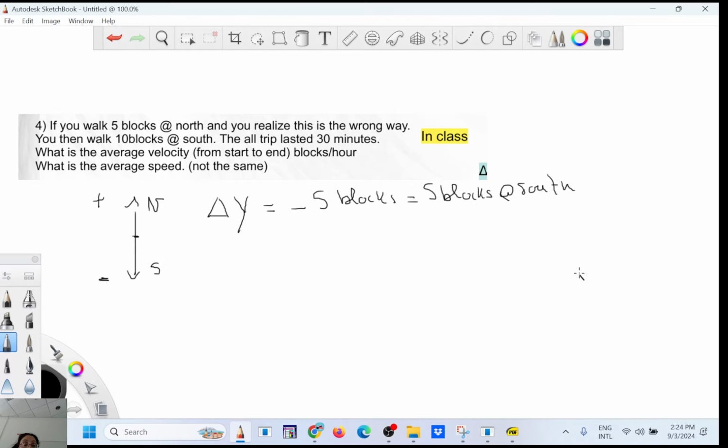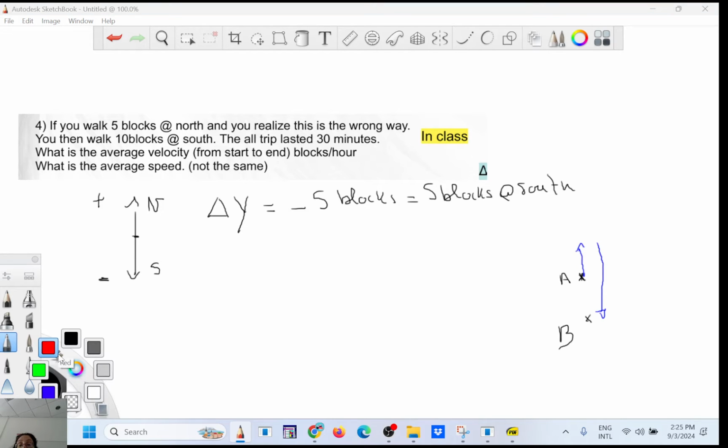Now, if you want to understand, you start from point A. And then you go up by 5. Okay, you go up by 5. And then you change your mind and you go down by 10. So what matters is always the initial position, and then your final position is here.